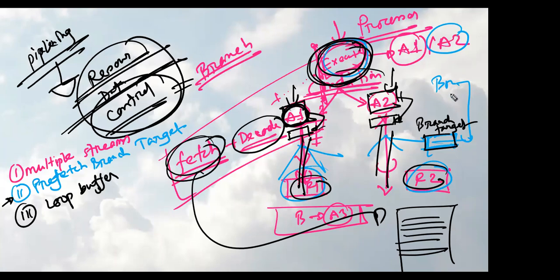For example, it is branch X. So I will check whether this branch X was already executed earlier or not. If it is already executed, you know what its target address is. So that address you will follow from the next instruction. So it is your prediction.